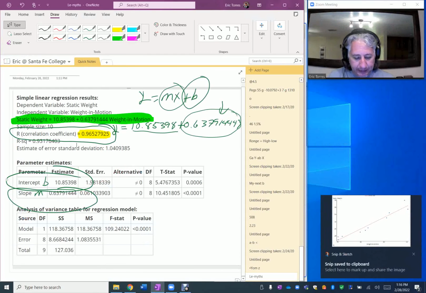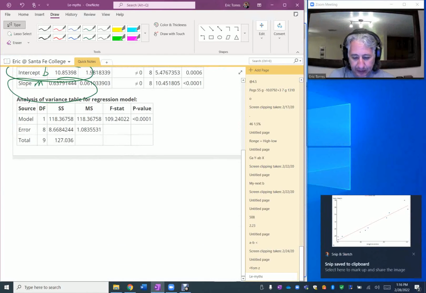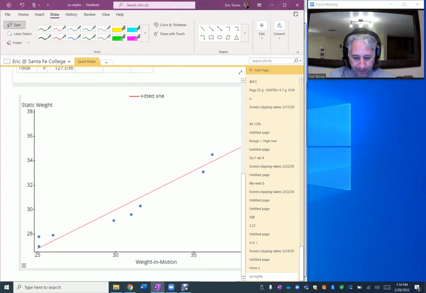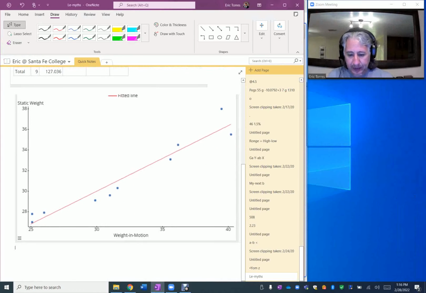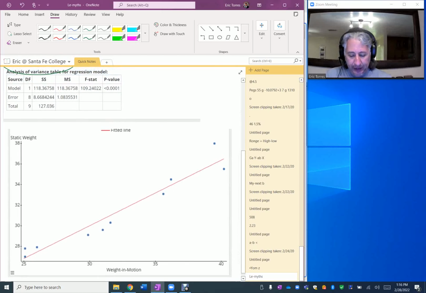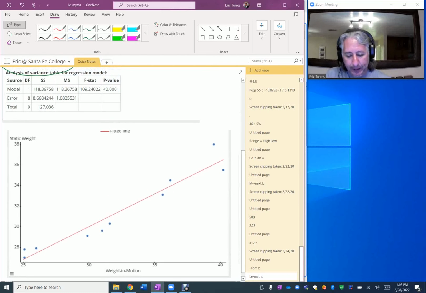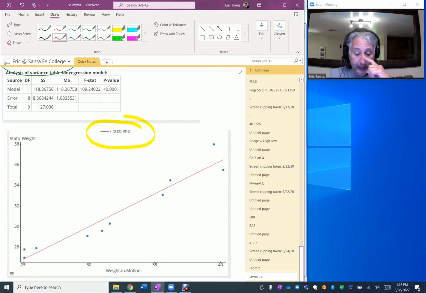Bring it in here just below what we were doing. So again, this matches. I've got my fitted line, or the line of best fit from my linear regression. And again, this can be done with a graphing calculator as well.